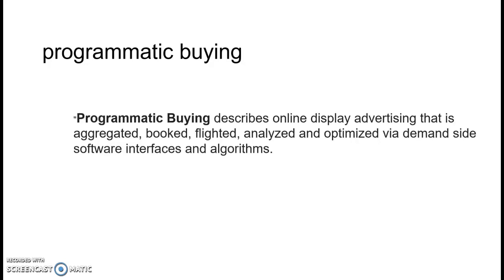Here's the demographic or lifestyle I'm targeting, and here's how much I want to spend per impression or per click. This is what I'm bidding. And you press a button and you send it out there, and the different sites automatically will take the ad. You make the ad available. You're serving the ad also. It's all done by computers, by software interfaces and algorithms.